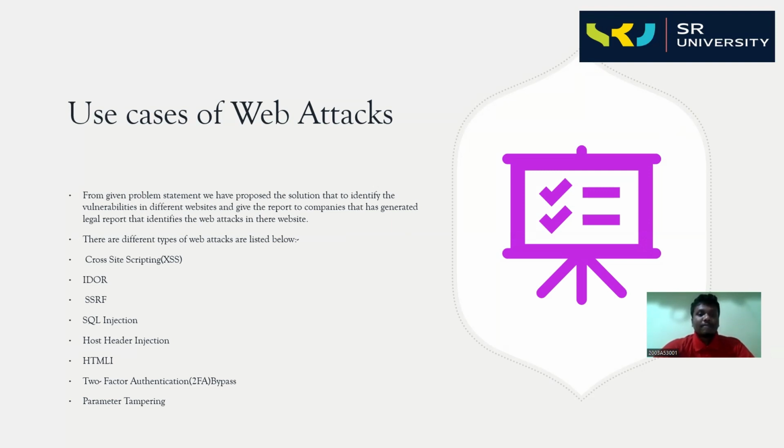These are the types of web attacks listed below: cross-site scripting, IDOR or insecure direct object reference, SSRF or server side request forgery, SQL injection, host header injection, HTMLi or HTML injection, two factor authentication bypass, and parameter tampering.